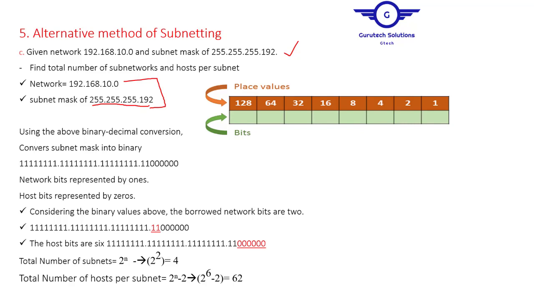Whenever we change this one into binary, 255 is always 8 bits. All the network bits are on. Whenever you see 0, that's a host bit, but all the network bits are on.